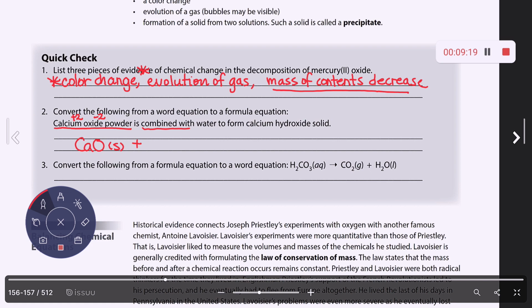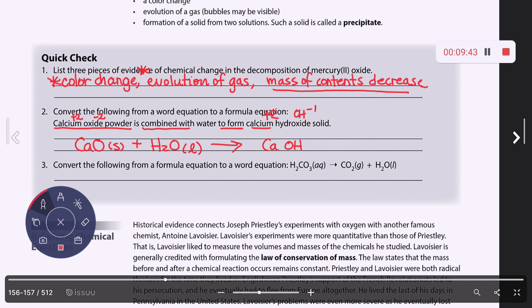It's combined with water. Water is H2O. Water's a liquid. I'm going to put a little L after it. We're forming calcium hydroxide solid. The charge on calcium is +2. Hydroxide is on the bottom left of your periodic table. Remember, hydroxide is OH, -1. What would the chemical formula be for calcium hydroxide?